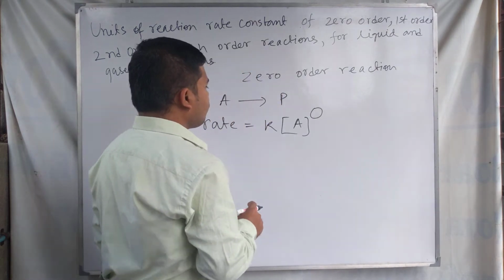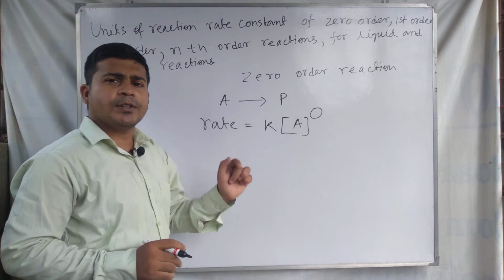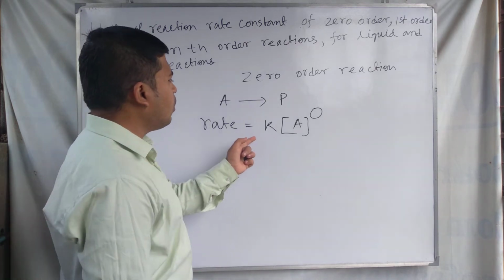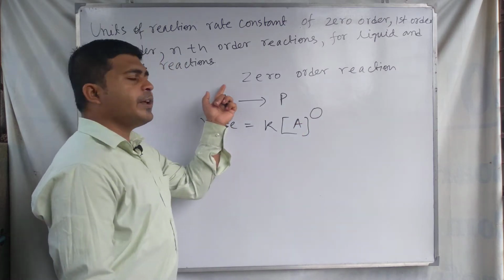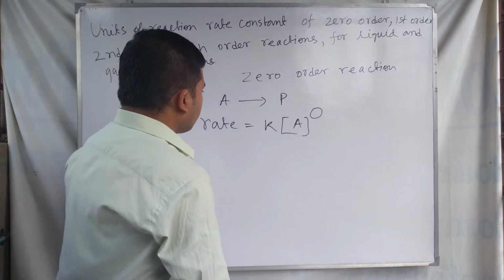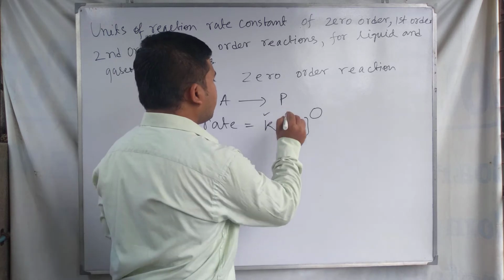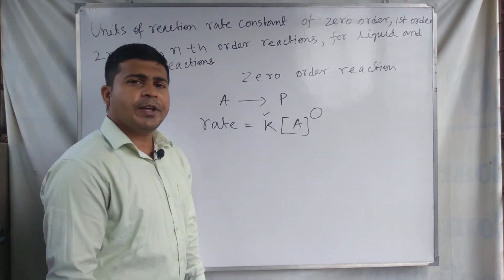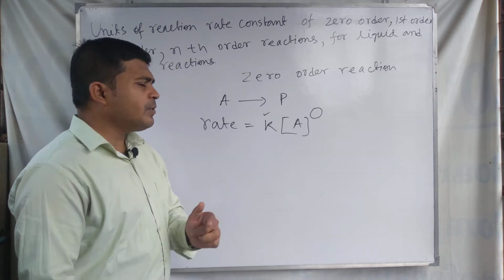This equation is the rate equation for a zero order reaction, because A is the reactant molar concentration to the power 0. So in this case, what is the unit of K, the rate constant of the zero order reaction?